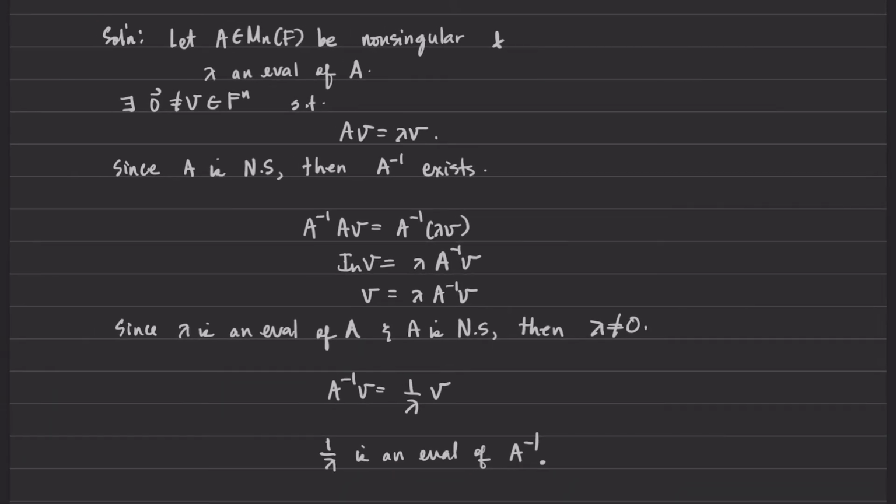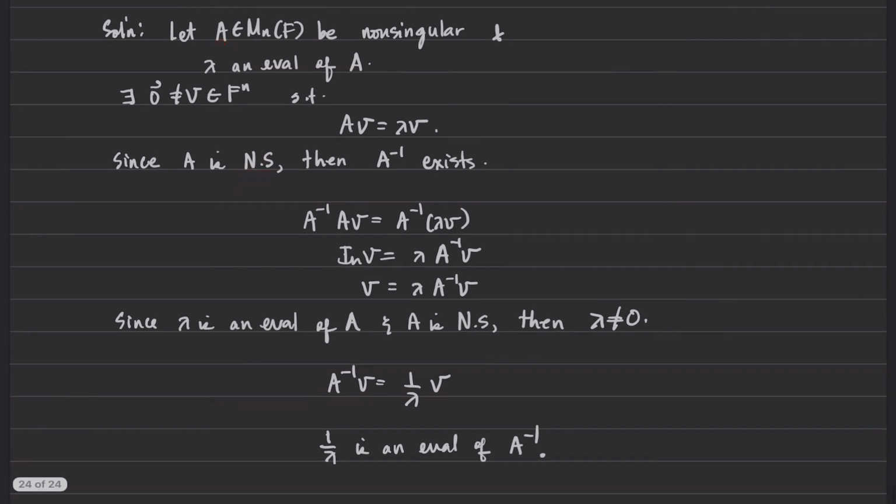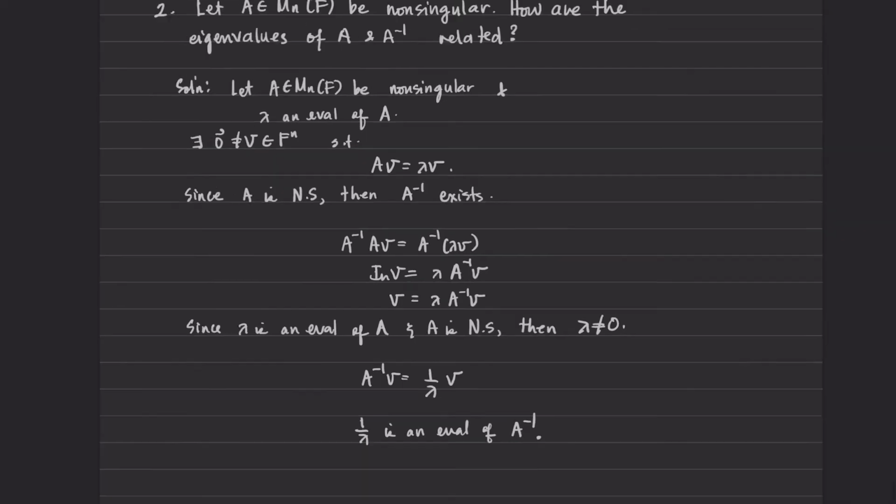Kunyari, alam mo yung eigenvalues ni A na non-singular. So, ang eigenvalues ng A inverse ay itong mga 1 over lambda lang. Okay? So, kukunin mo lang yung mga multiplicative inverse ng eigenvalues ni A to get the eigenvalues of A inverse. As long as A is non-singular, of course.